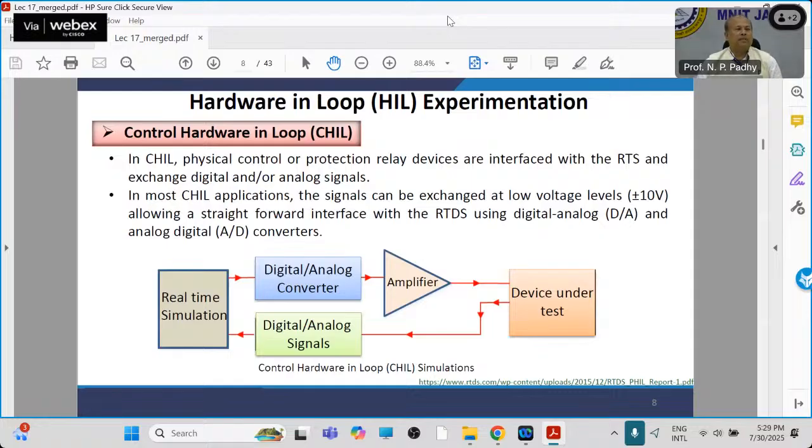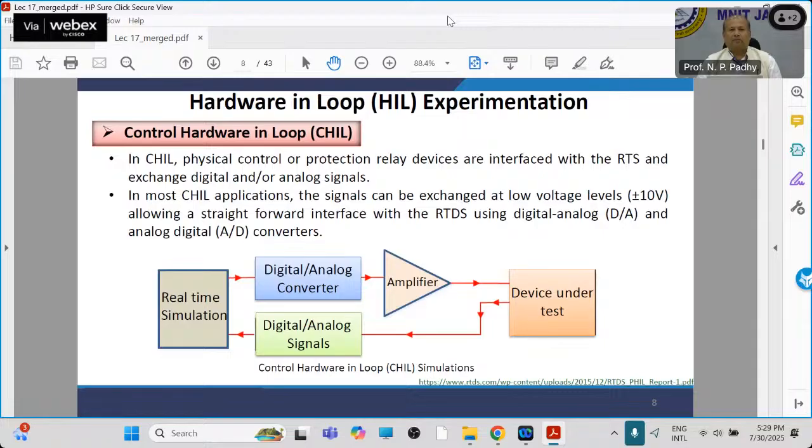In most CHIL applications, the signals can be exchanged at low voltage level, that is plus or minus 10 volt, because the simulator is a low-power device, allowing a straightforward interface with RTDS using digital to analog and analog to digital converters.